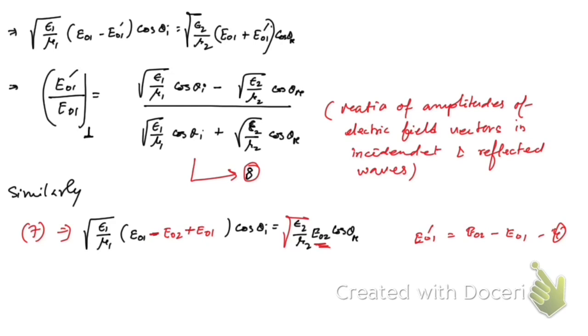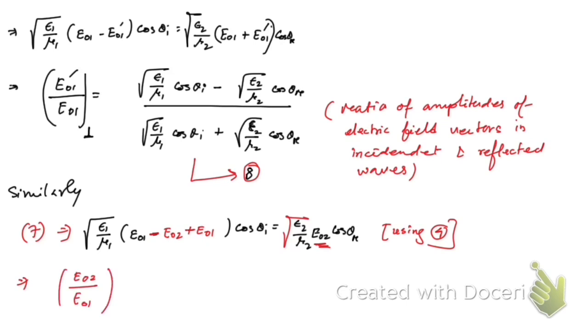So here, using equation number 4, if we simplify this, after simplification we get this result. I have written the result directly, I haven't shown all the steps here for the perpendicular components.